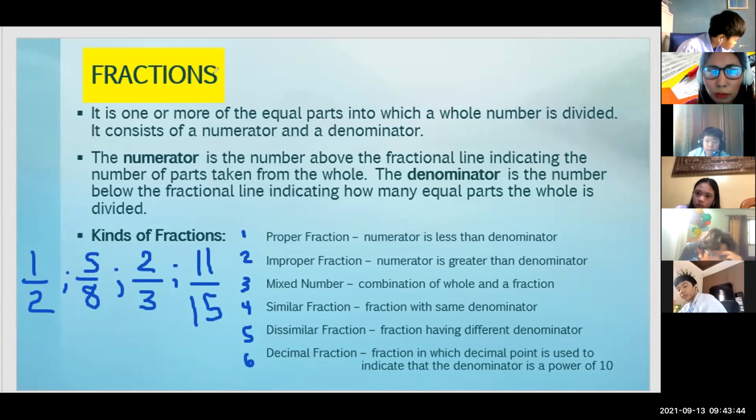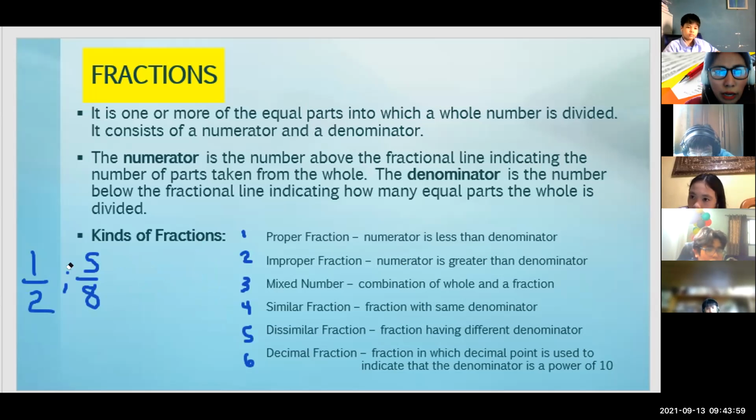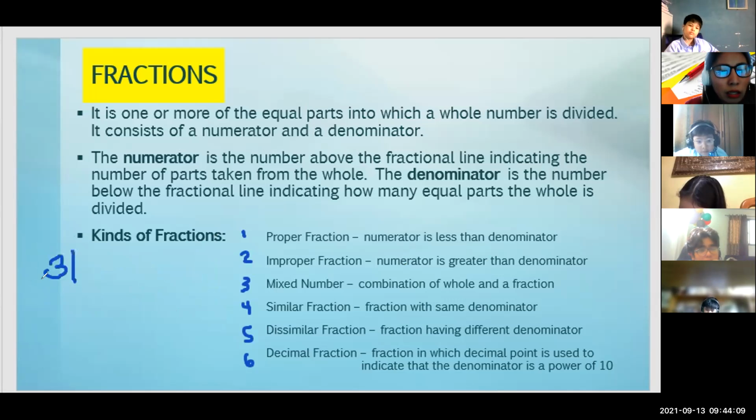But how about improper fraction? Improper fractions are fractions wherein the numerator is greater than the denominator. It's not proper. That's why it's called improper. An example is 31.